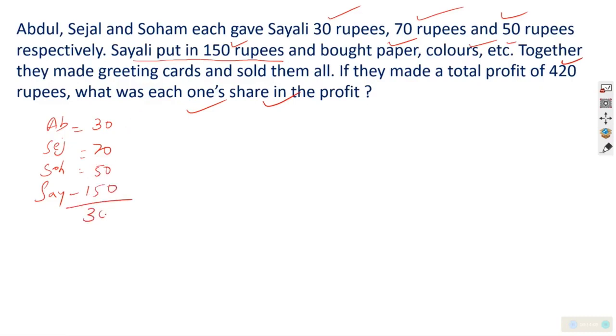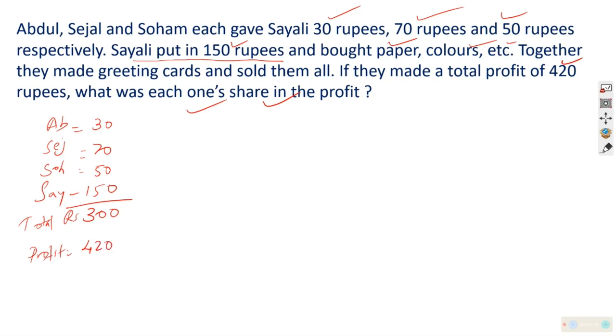Total it became 300 rupees. Oh, 300 rupees total. Now what happened? They sold the items together, made a greeting card and sold them. If they made a total profit of 420 rupees, very smart children. Profit 420 rupees.